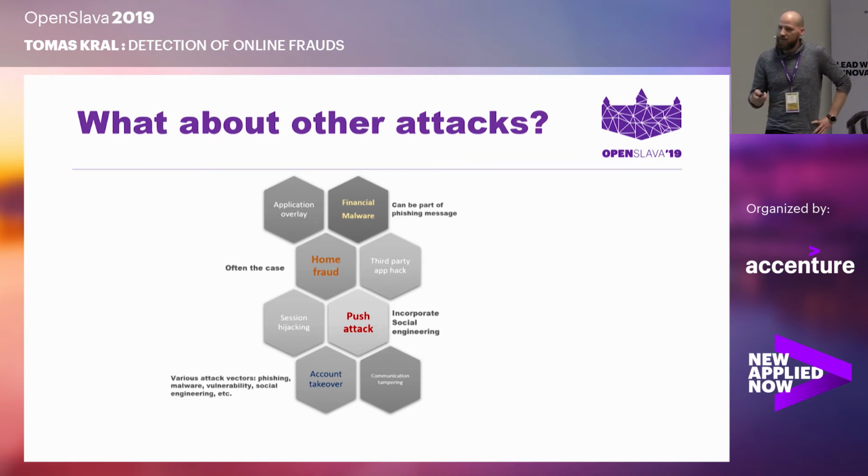Or, for example, push attacks. These attacks are based on social engineering, where the attackers try to force people to sign a transaction themselves. So from the perspective of the bank, it's a usual transaction from the user, and it's pretty hard to detect that this was an attack. But there are ways to do it.